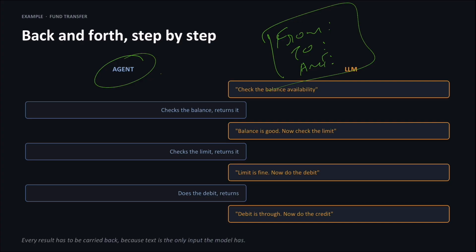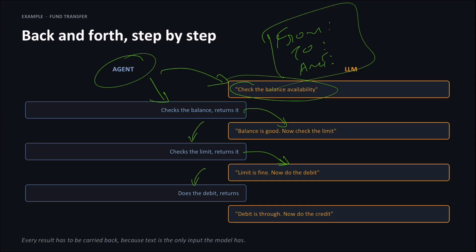The first step, it goes to the LLM with the goal. LLM says your first step is to check the balance. Agent goes and checks the balance, gives the response back to the LLM. LLM says balance is good, now check the limit. Agent goes and checks the limit and gives the response that limit is so and so, and LLM says the limit is fine, now go and do the debit.